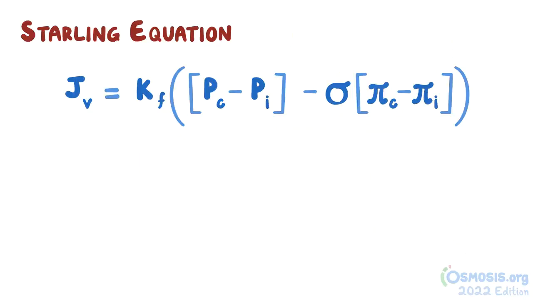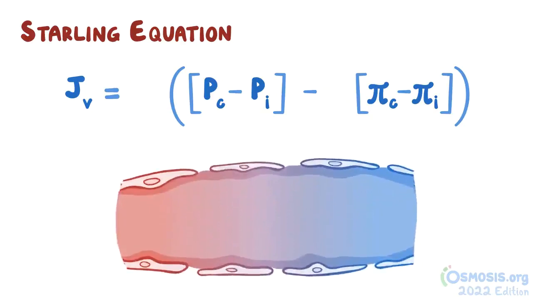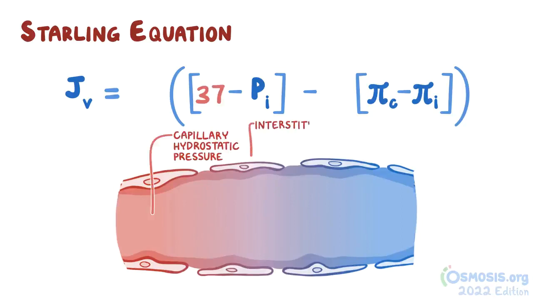To determine if the fluid is going into or out of the capillaries, we can use a simplified version of the equation where we ignore KF and sigma. Let's say that we are measuring the net pressure in the arterial end of the capillary. The PC, or capillary hydrostatic pressure, is 37 millimeters of mercury, and PI, or interstitial hydrostatic pressure, is 1 millimeter of mercury.